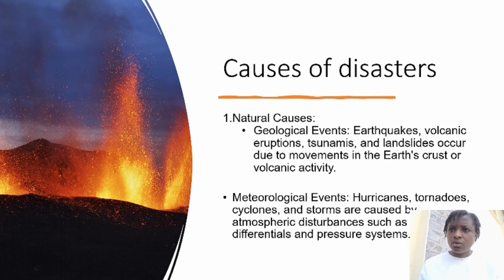When they occur, they lead to the loss of life, destruction of properties, loss of our ecosystem. It can have different effects on human lives as well as the ecosystem. So let my colleague continue.